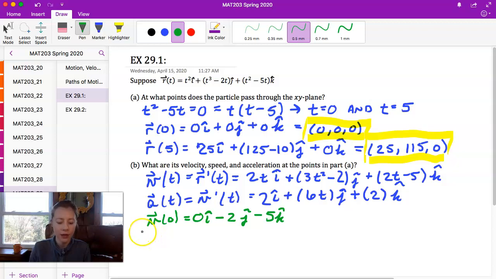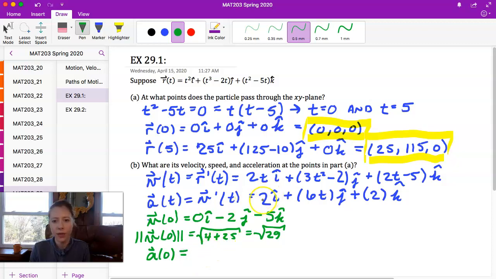The speed is the magnitude of velocity, so the square root of 2 squared plus 5 squared, so 4 plus 25, which is the square root of 29. Then for the acceleration, we plug into the next equation. So a of 0 is 2 i hat plus 0 j hat plus 2 k hat.